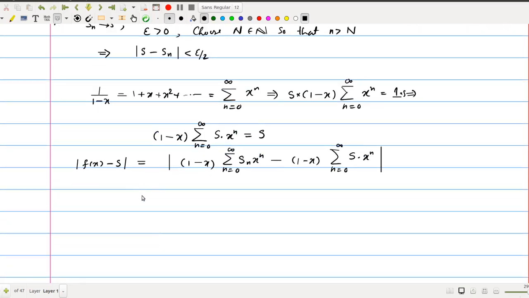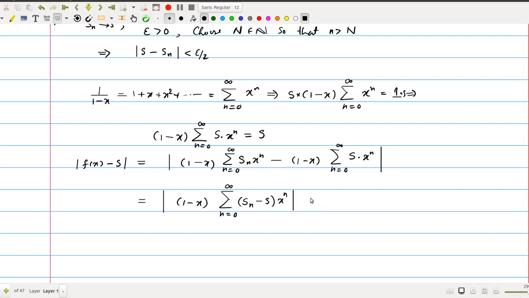Both can be replaced. Combining these two, we can write 1 minus x taken out, and this will be summation n equal to 0 to infinity of Sn minus s times x raised to n. This is the combining of these two summations.